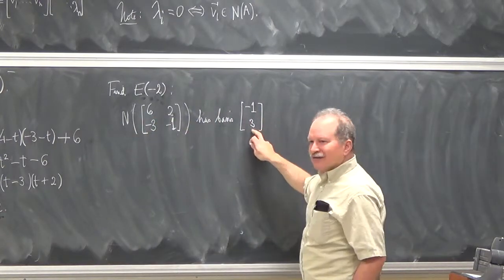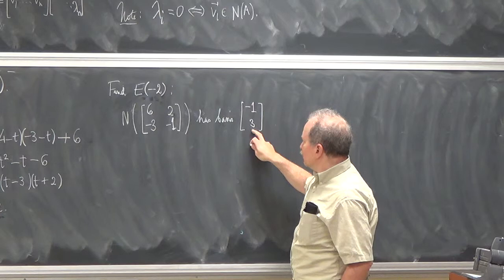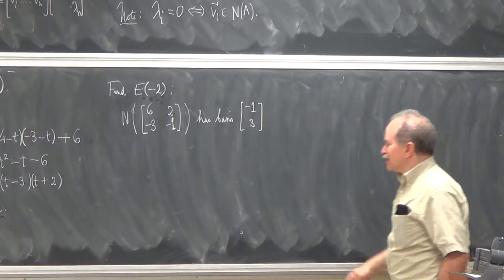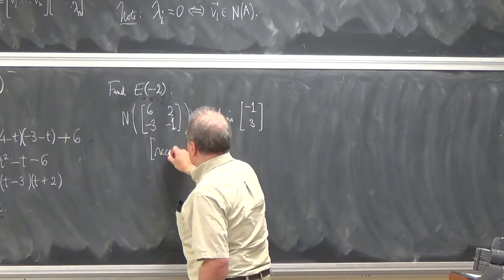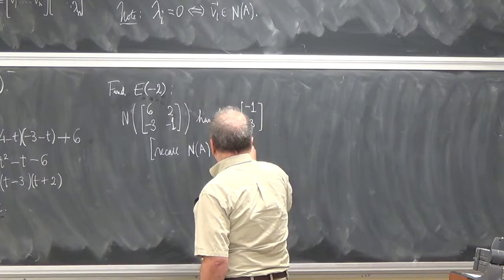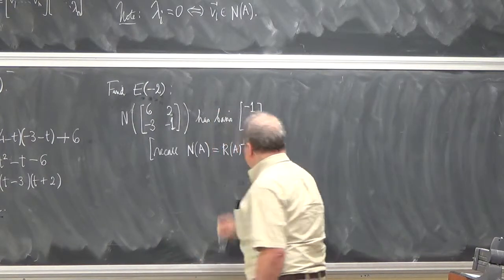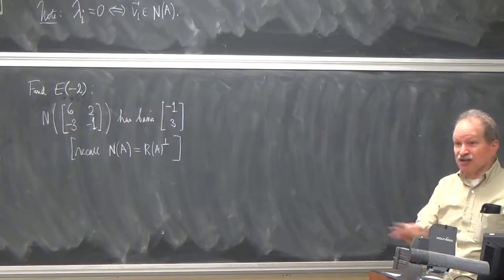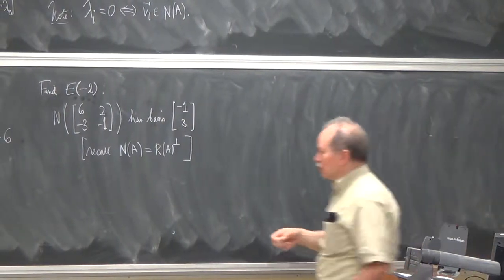But -1, 3 dotted with 6, -3 isn't 0. It's rows. So null space of a matrix is the perp of the row space. So 2x2s you can just do by sight. 3x3 is not so. You're going to have to use the algorithm, so we'll get back to that.